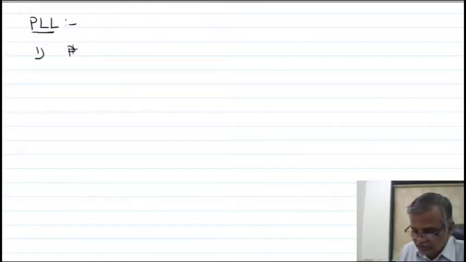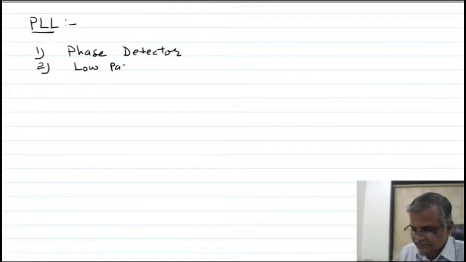First block is known as a phase detector. Second is the low pass filter. Third is an error amplifier.